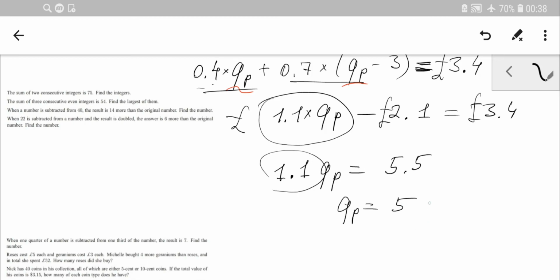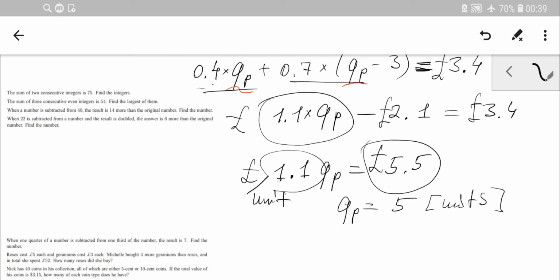So 5 means pieces or units. Here 1.1 is the unit price, which means pounds per unit, and we multiply by units. So when we divide pounds by pounds per unit, the pounds cancel. Let's see indeed how it works.